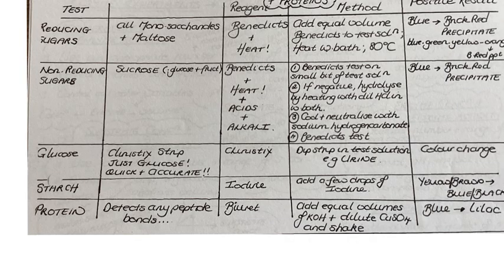Now, the next test I want to talk about then is the Clinistix strip test. Now, if you have a reducing sugar, it might be glucose, and there is a test that will prove that the reducing sugar you have is glucose, and this is the Clinistix strip test. So you have a little strip, and at the bottom of it you've got a little pink pad. This is very quick and it's very accurate as well.